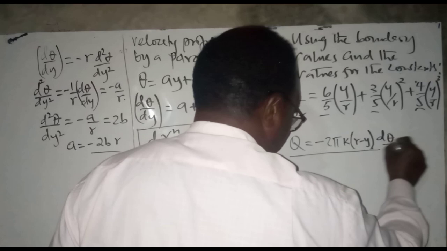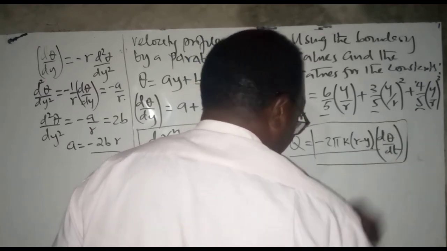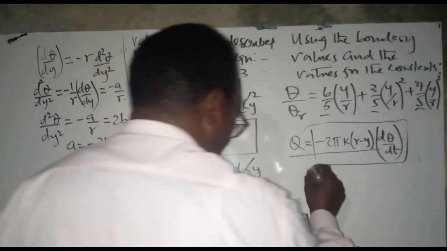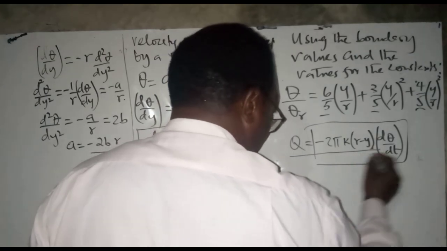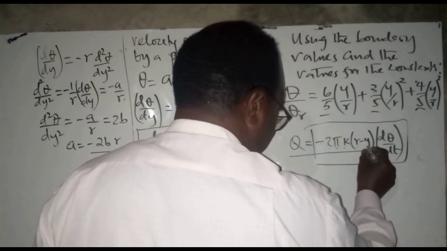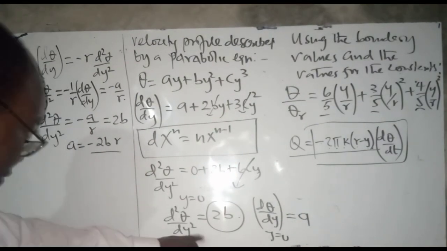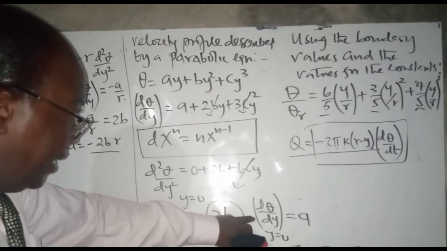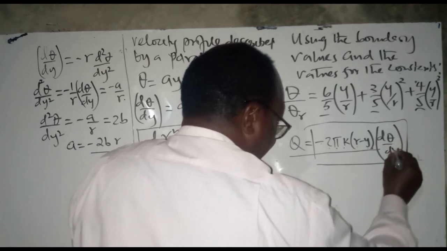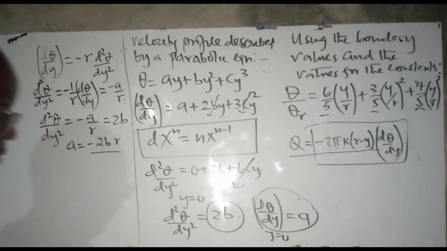This is what we had initially for our values. And now we know, we have gotten Q. We now know that this Q here, which is minus 2 pi K R minus Y, and we have gotten our values. We know what the d theta by dy, not t, is. It is A. We have that particular one.